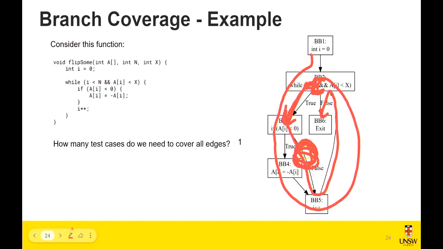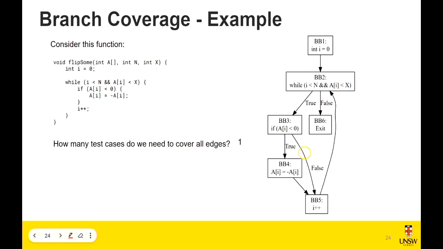What if we change this program a bit? What if we change the while loop, the while statement, into an if statement? And then in this case, we need to remove this edge as well. We need to remove this one from the control flow graph.